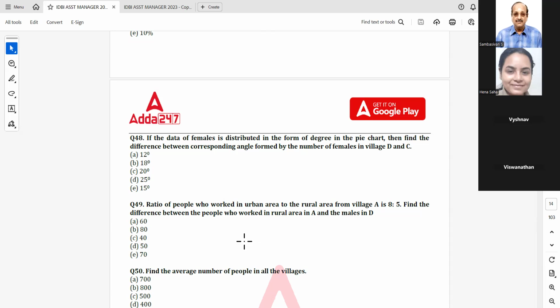780. Village A population is 780. Find the difference between the people who worked in rural area in A and the males in D. Males in D is 360.